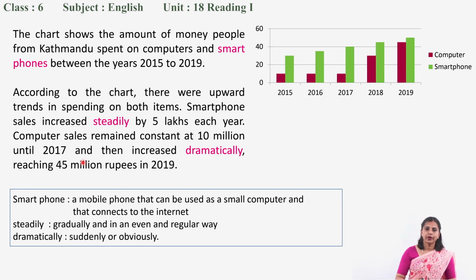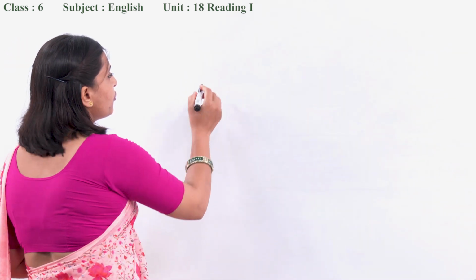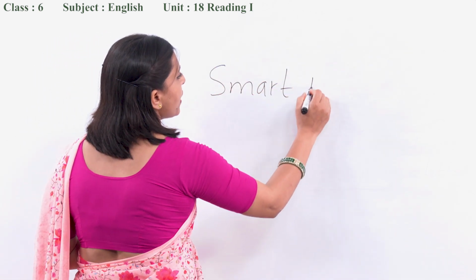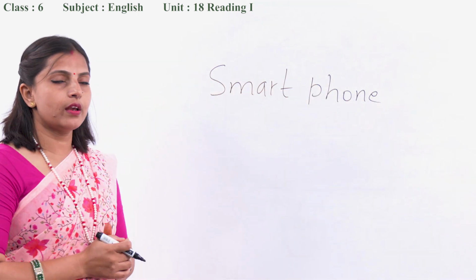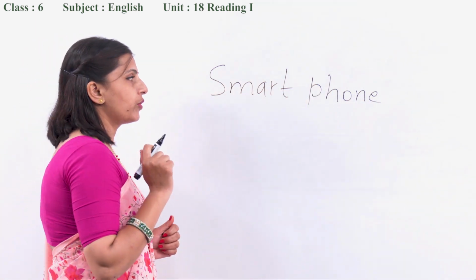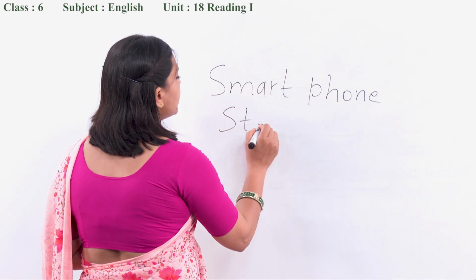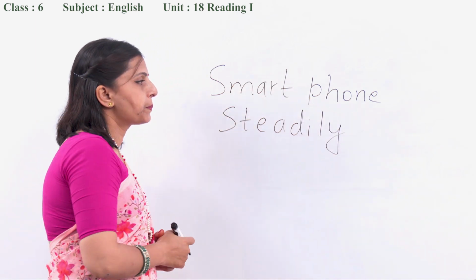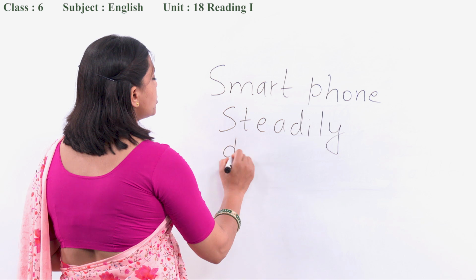Okay, so before we begin, let us read the highlighted words, how to pronounce them. The first one is smartphone. Say smartphone. Okay, and the next one is steadily. Then we have dramatically.